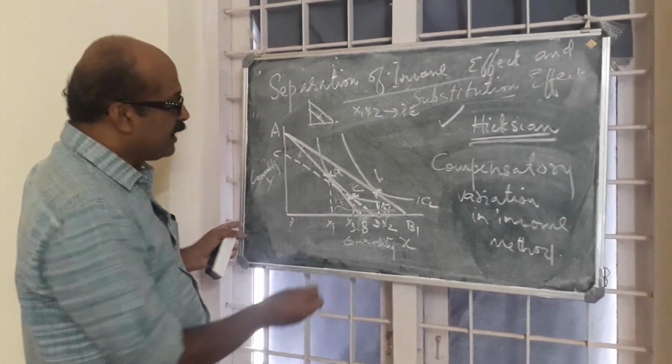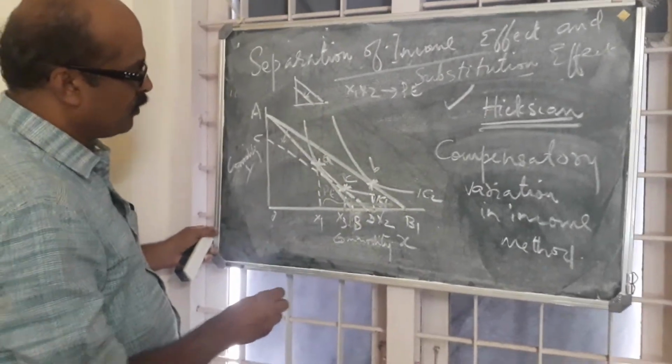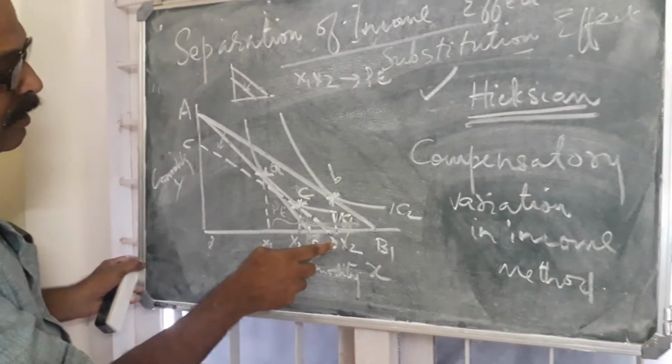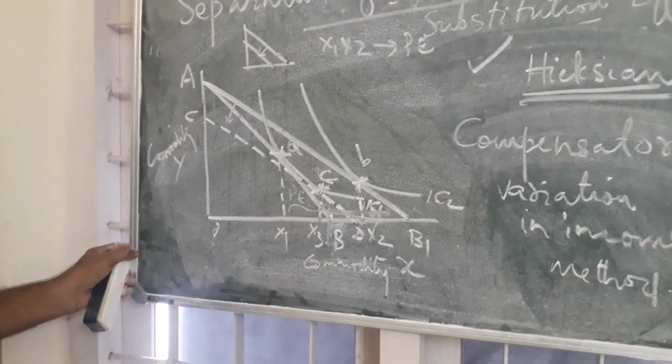And now, after reducing his income, the new equilibrium of this CD price line with IC1 is at point C. This is the new equilibrium point of the consumer.